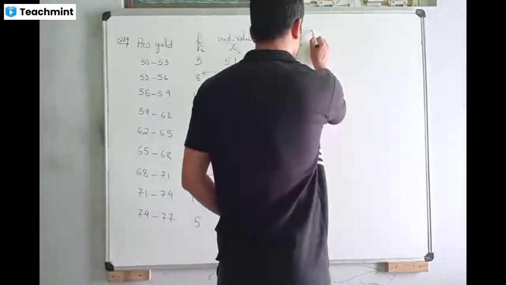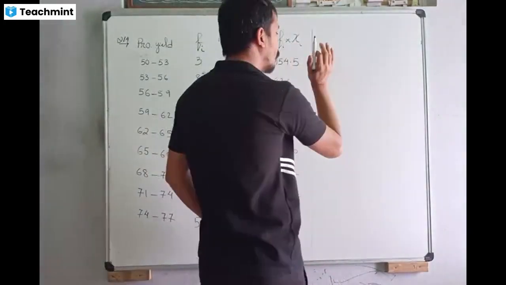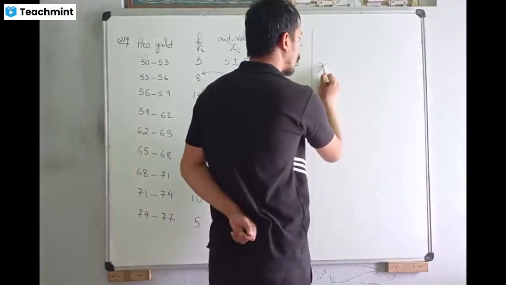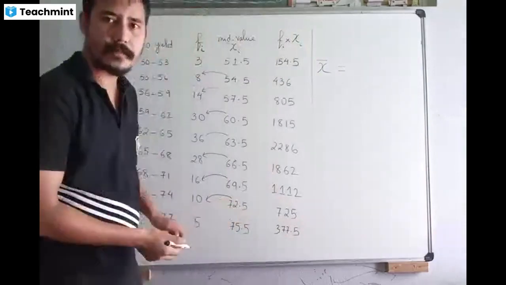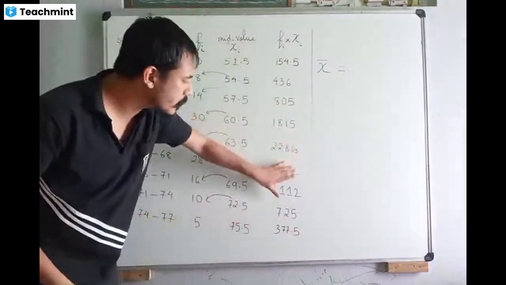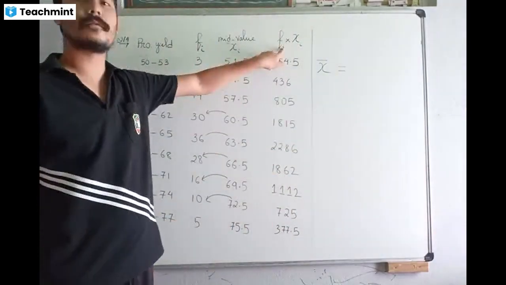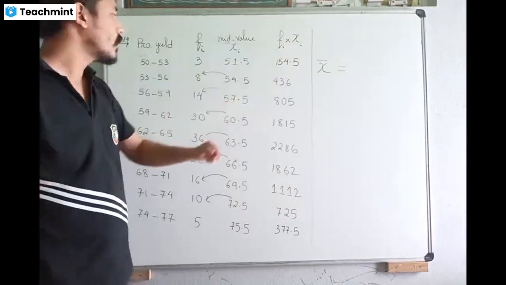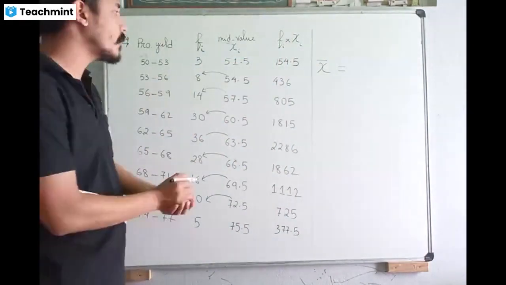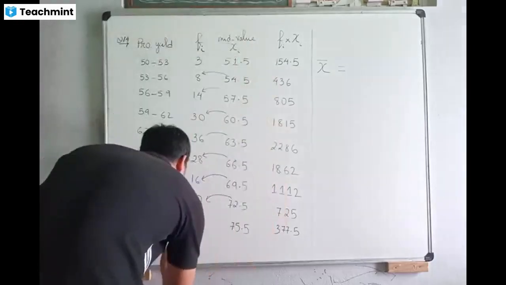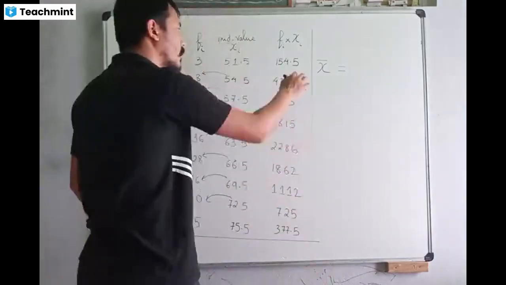Now, finally, by the direct method, the arithmetic mean will be given by this total value of Fi xi divided by your total frequency. Let me find this total.